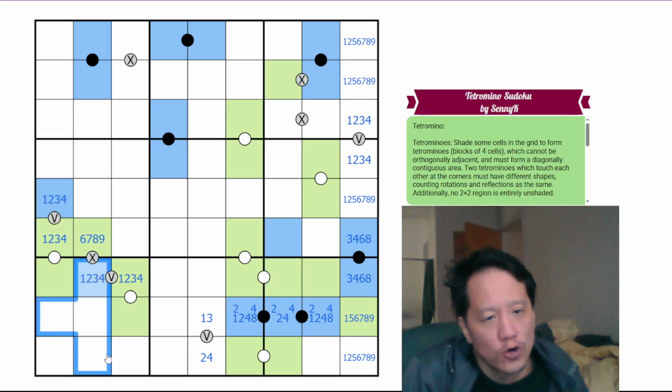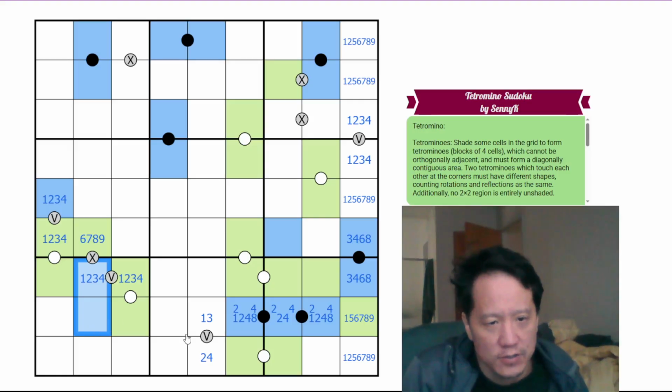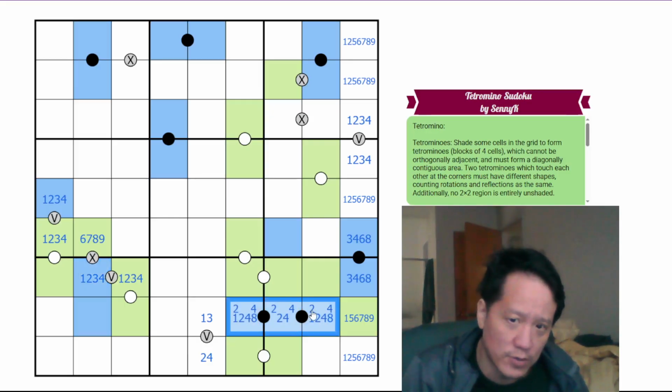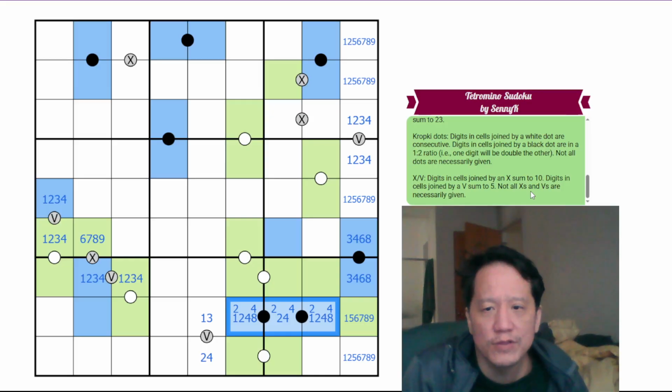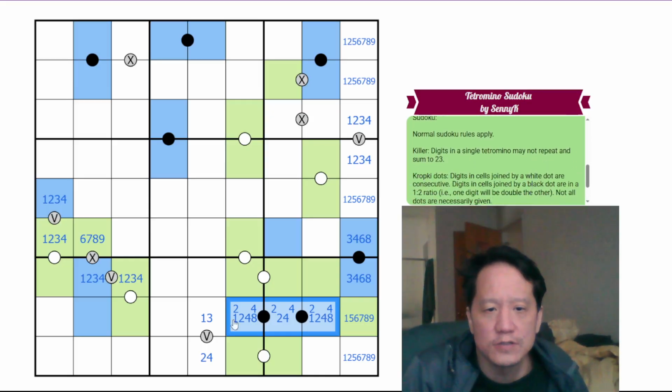This must form part of a tetromino. So it has to exit out here. It has to have 4 cells. This cannot be 1, 2, and 4. Remember, the tetrominoes must add up to exactly 23. So this must be 4 with 2 and 8.